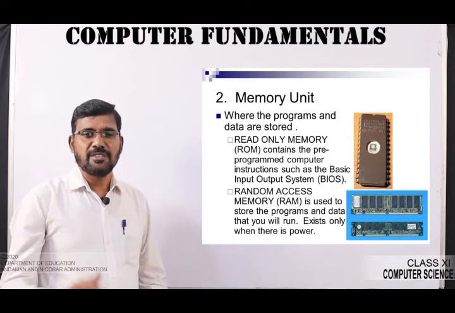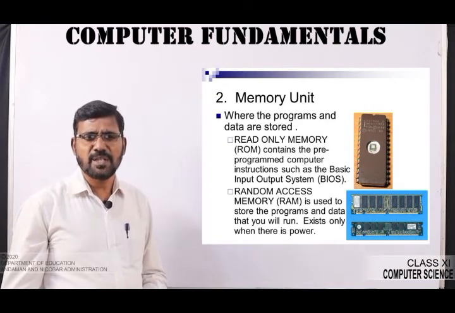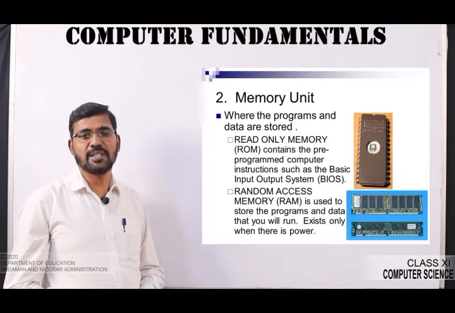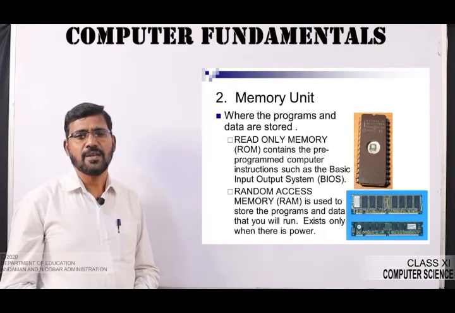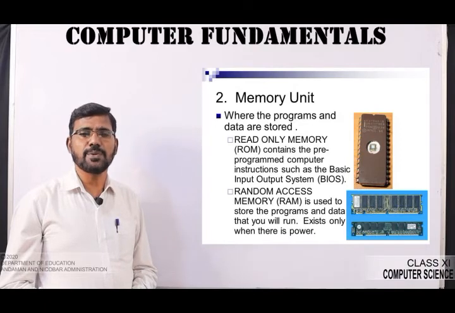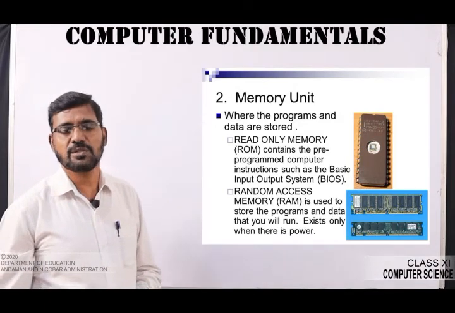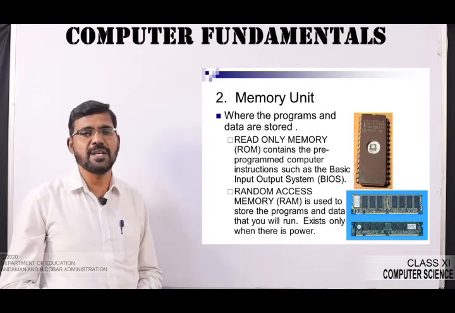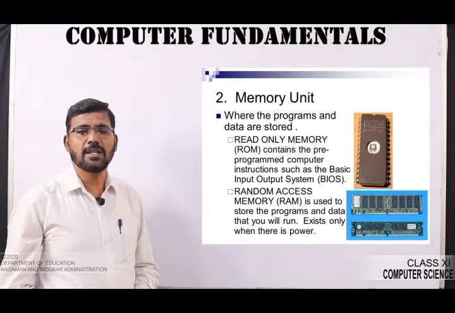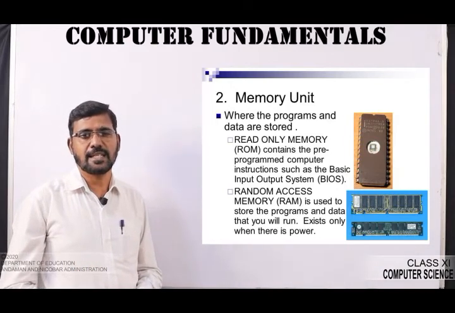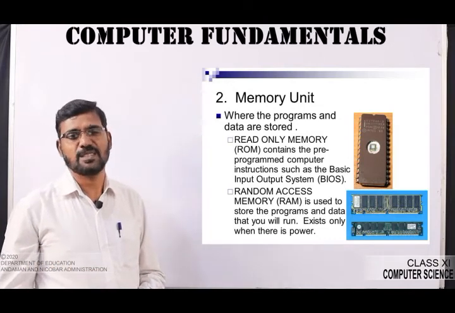What is the difference between RAM and ROM? RAM is random access memory, ROM is read only memory, which means you can only read it. It contains pre-programmed computer instructions such as the basic input output system, BIOS, used while booting. All that is in the ROM, read only memory, which you can only read.